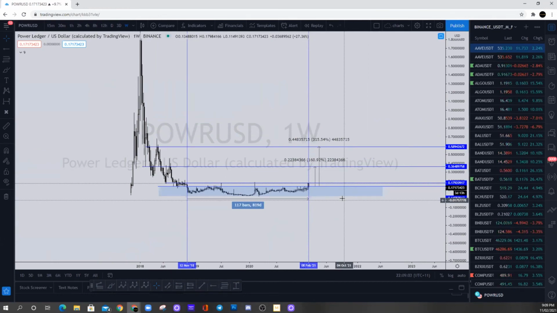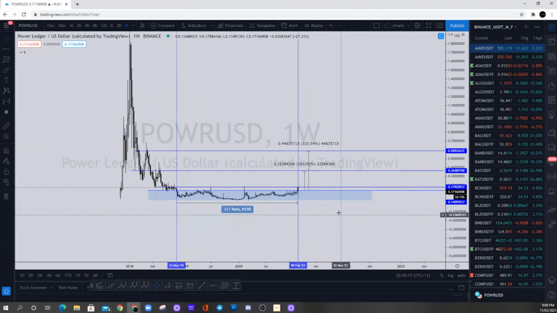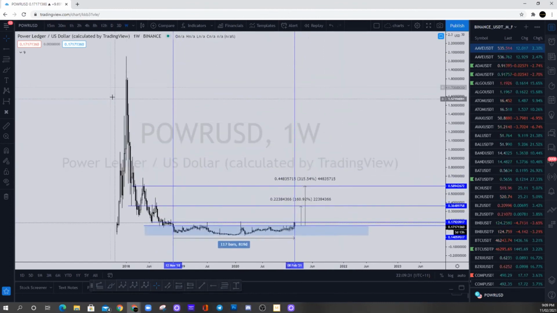But if Bitcoin either keeps going up, keeps having smaller pullbacks like it has been, or consolidates itself, then I think we're going to see huge amounts of capital flow into this. At the moment, I'm not seeing a huge amount of chatter on it across all the social medias. There's not massive amounts of talk about Power Ledger like there once was, but you can see in the chart 160%, 315%, and you're not even getting close to its all-time high.